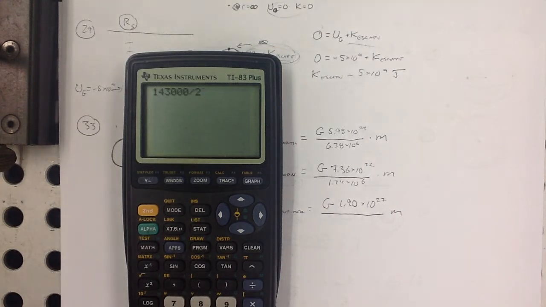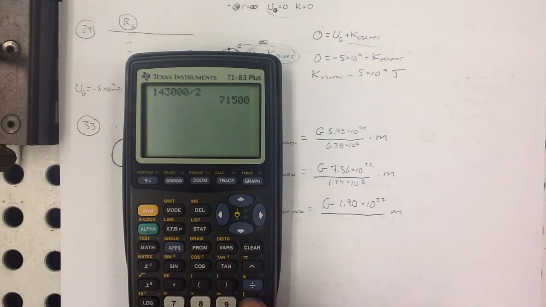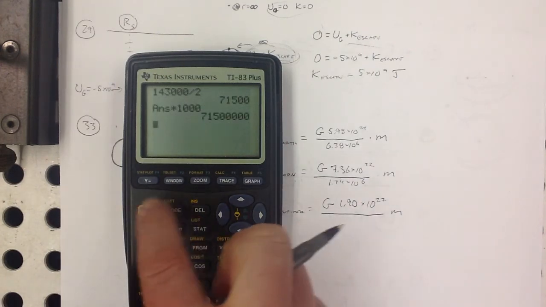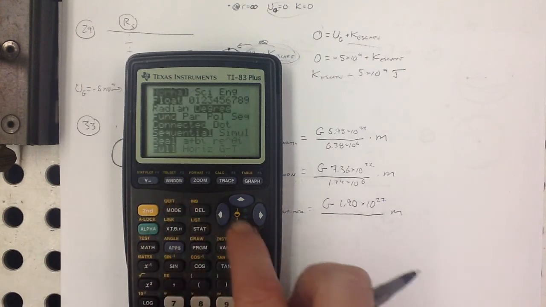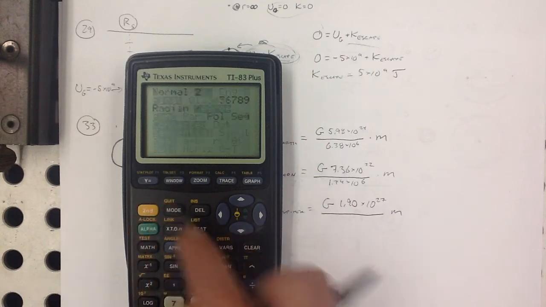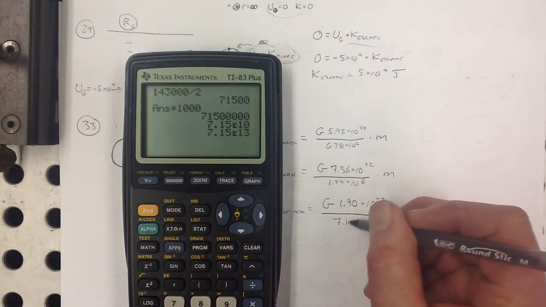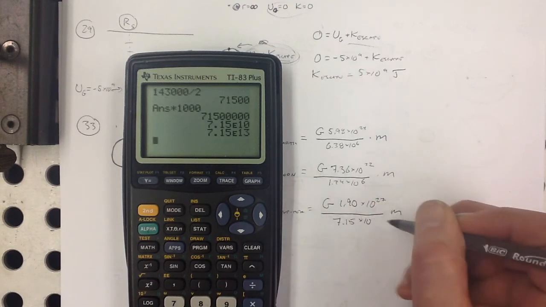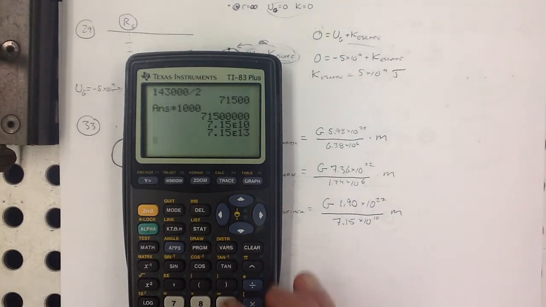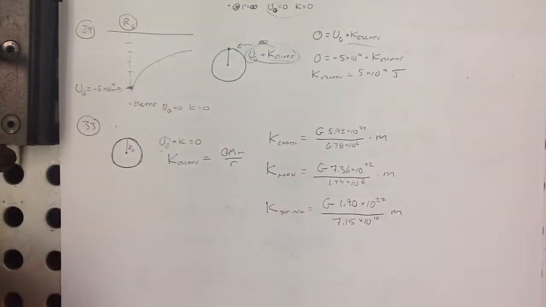So this is in kilometers, so that times 1,000, and let's do that in scientific notation, and have my calculator do that for me. So 7.15 times 10 to the 10th. Right, that's because I hit enter twice. Multiplied by 1,000 again. Didn't mean for it to do that.